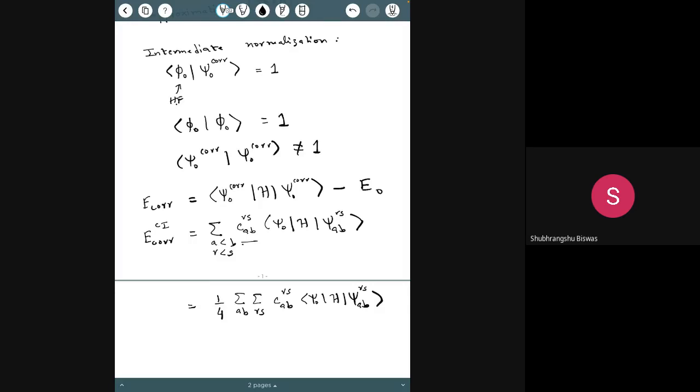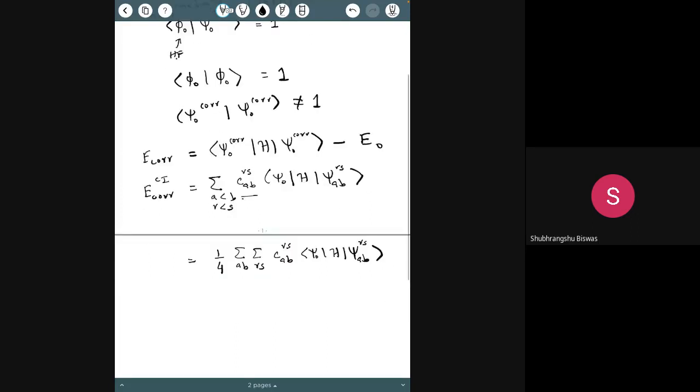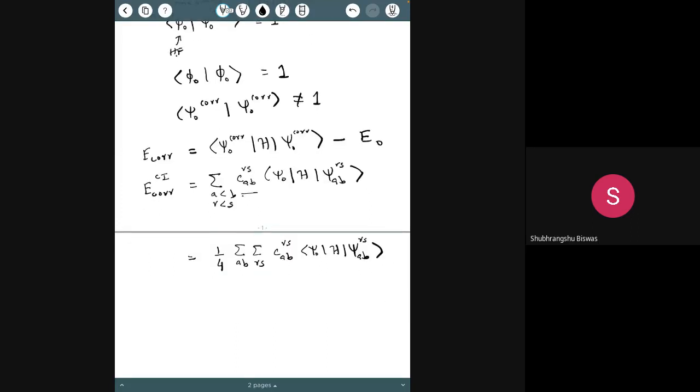Now this is not a standard notation. I am still using this because this is in Szabo and Östlund, so it would help you when you refer to the book. The most common conventions now, or the current global convention.